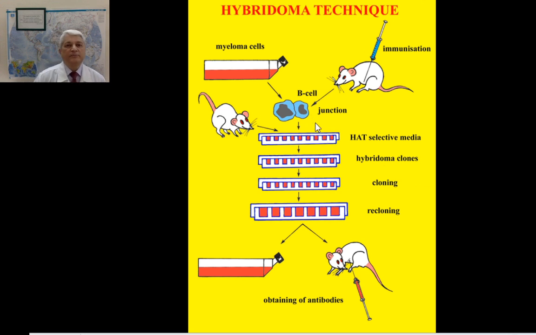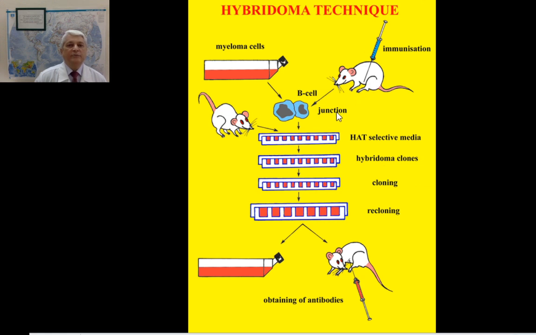How to obtain it? For this, Köhler and Milstein used mice, this white mouse. Look, here we have immunization. By the syringe we inject antigen, and later this mouse will produce antibodies against the injected antigen.